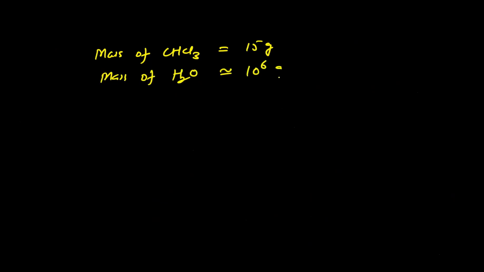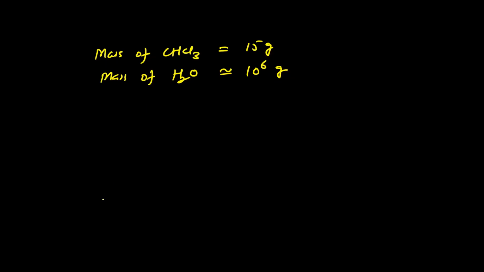So you will say the mass of chloroform is 15 grams. The mass of water, you will say approximately 10 to the power 6 grams, because the 15 grams is in the solution itself. In the water, when we say that it is in the solution itself, it is approximately the same.